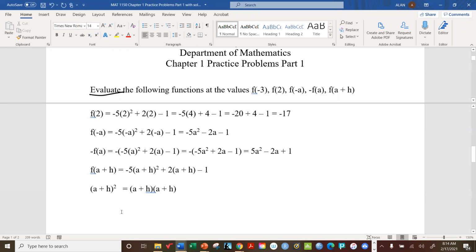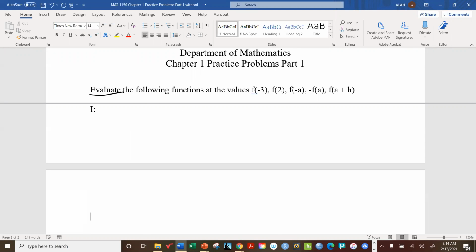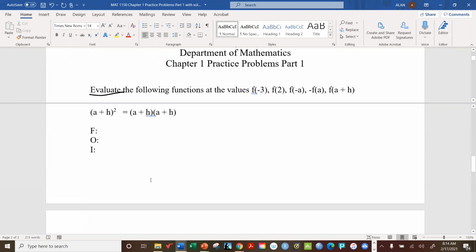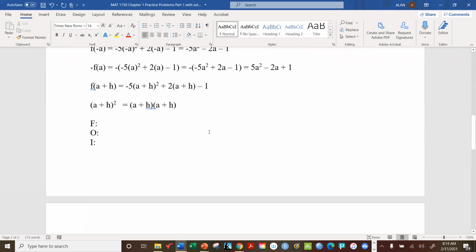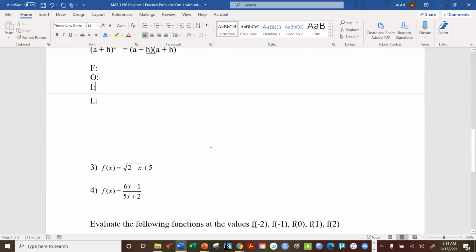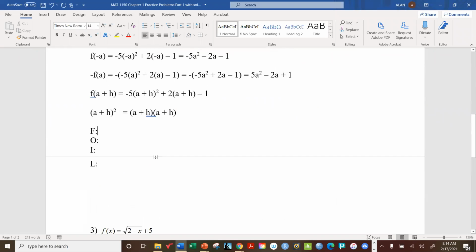When you have a binary expression like this that's multiplied by another binary expression, you can use the FOIL technique, where, of course, these letters stand for first, outer, inner, and last, right? Let's make some space here. All right, so F means basically these two are multiplied together. This is F. That gives me a squared.